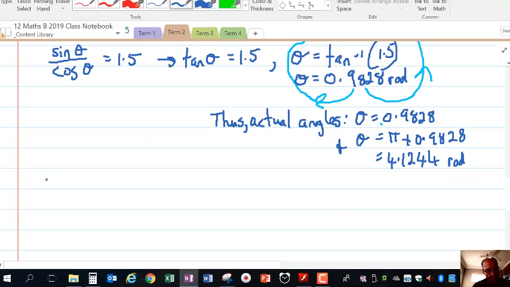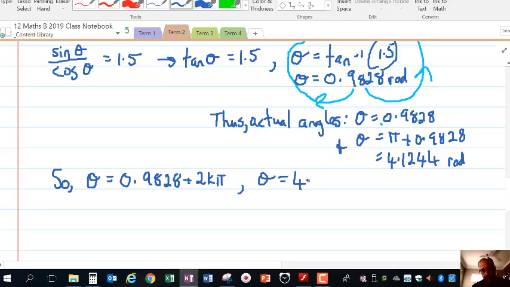So theta in general equals 0.9828 plus 2k pi, and theta is 4.1244 plus 2k pi, where k is an integer.